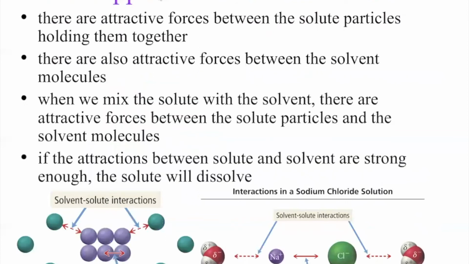When you dissolve sodium chloride in water, your chlorine is going to be attracted to the hydrogen, which has a partial positive charge, because opposites attract. And the sodium is going to be attracted to the oxygen in the water, because the sodium carries a positive charge and the oxygen carries a negative charge. So it's going to be pulling apart that sodium chloride.